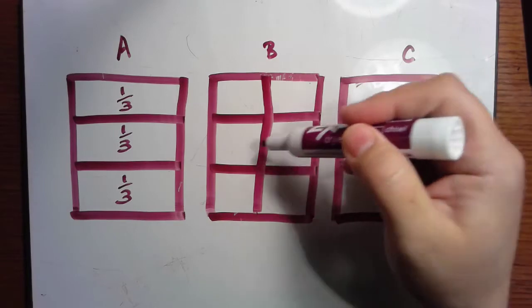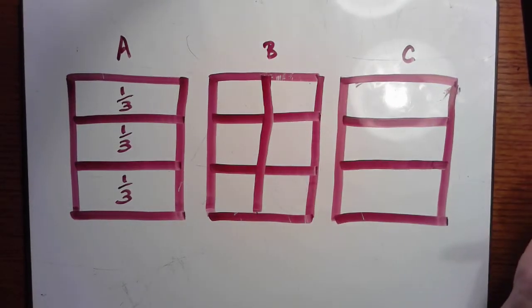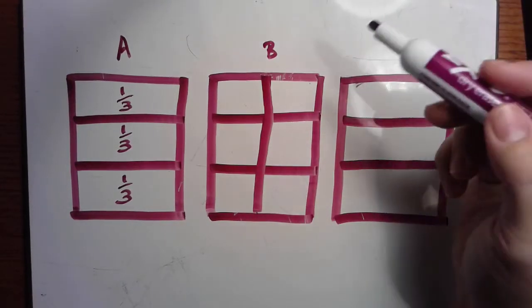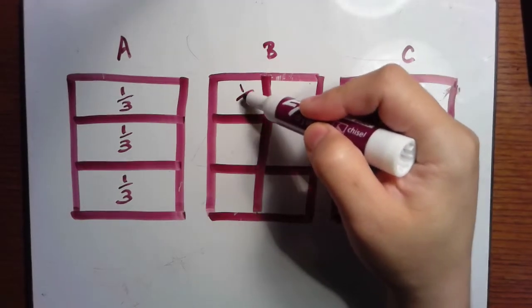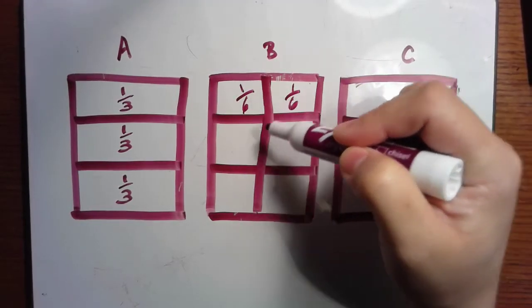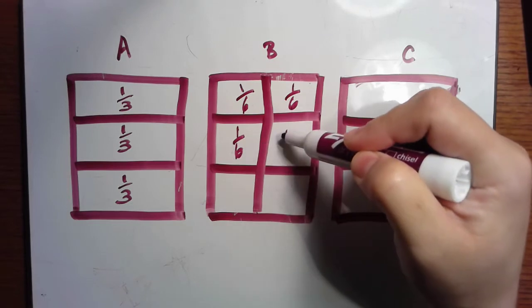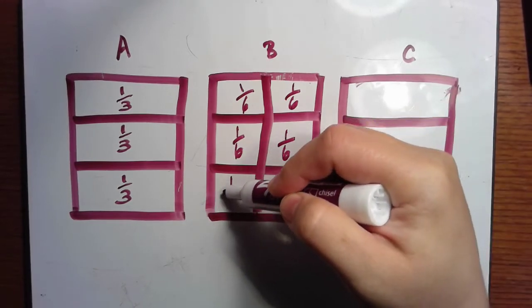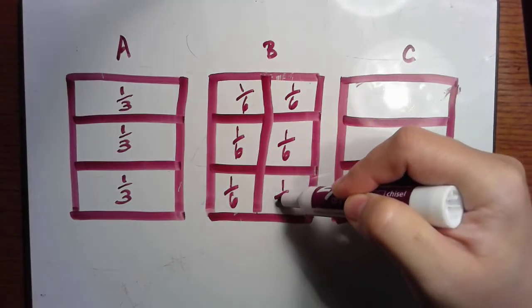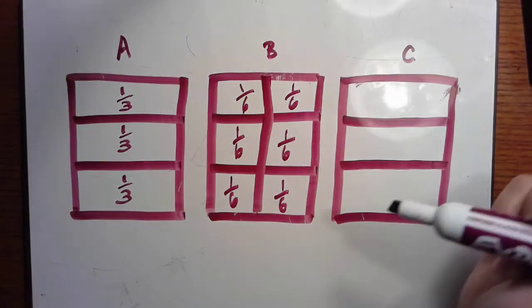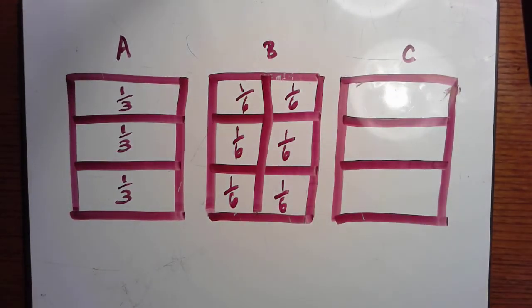And what is my unit fraction now? It is sixths because I have my whole partitioned into 6 parts. All right, so hopefully that's not too hard. I have doubled the number of parts of units in my second rectangle.